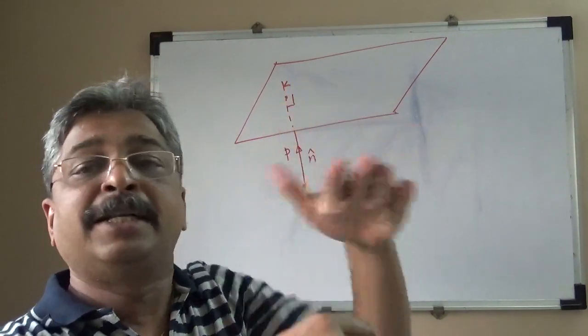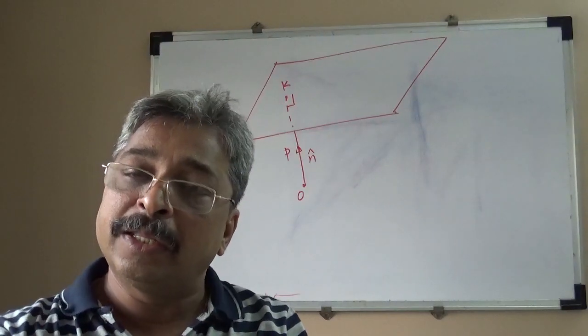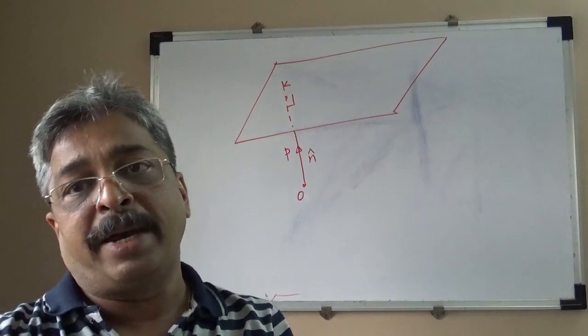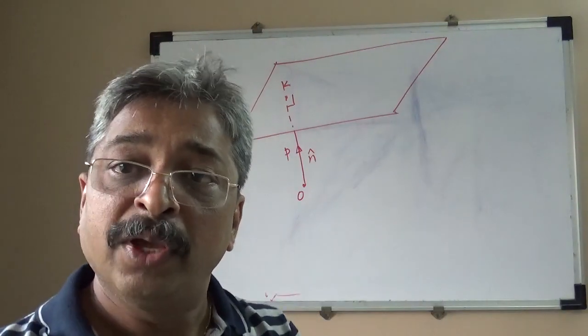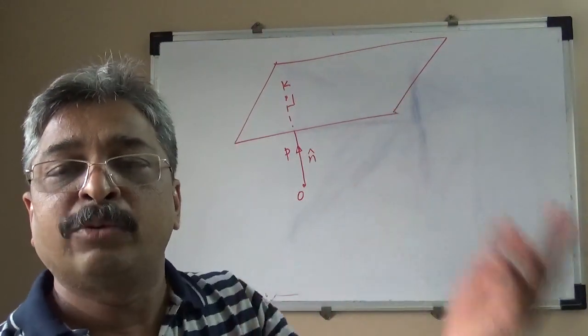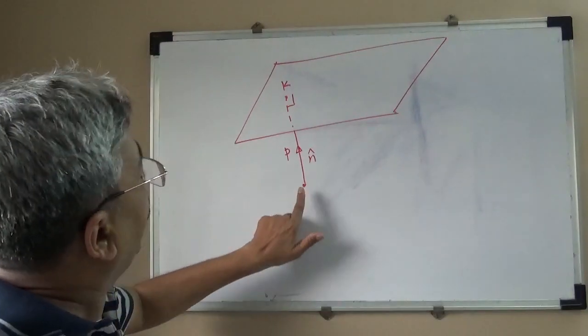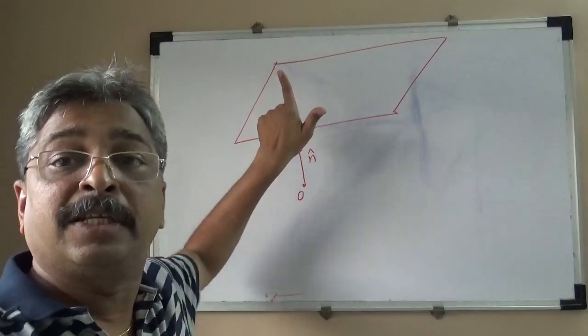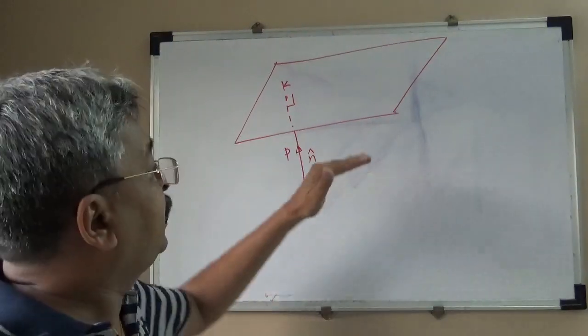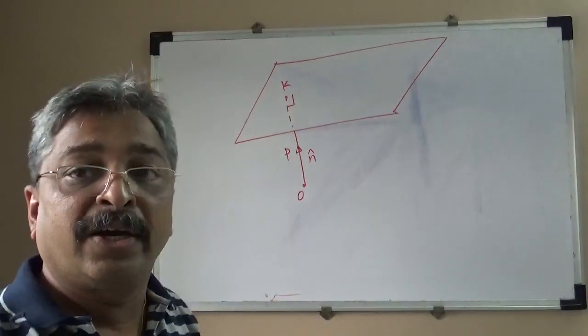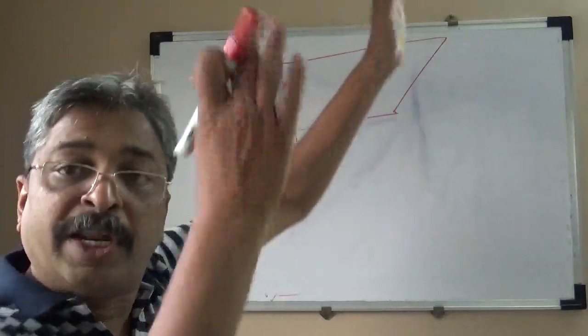Of course at distance minus 5 there will be another parallel plane, and the distance between the origin and that plane is also going to be 5. But now n is in this direction and the distance p is also in this direction, therefore there will be a unique plane perpendicular to this vector in this three-dimensional space.